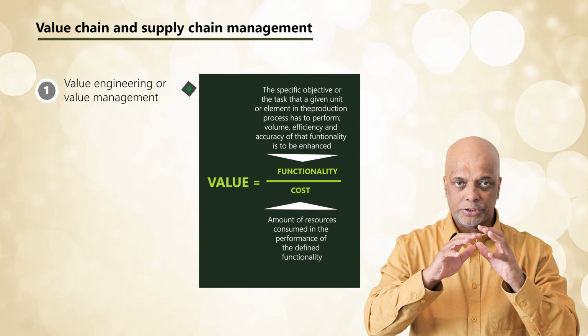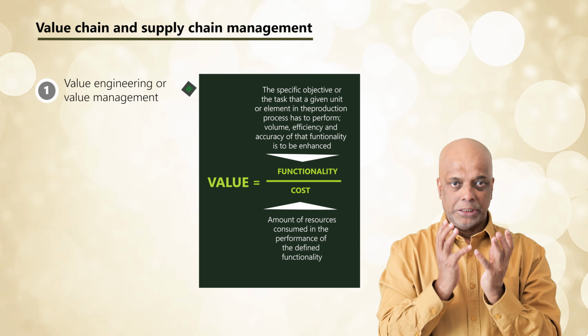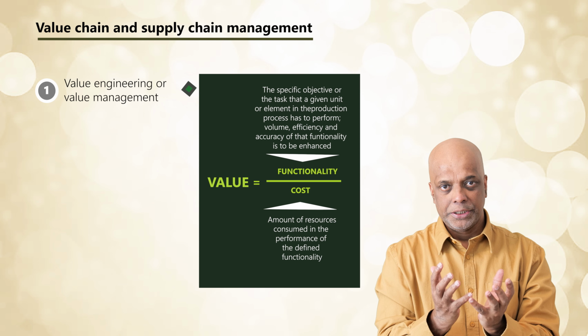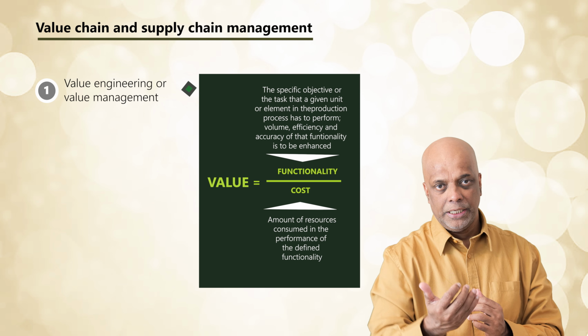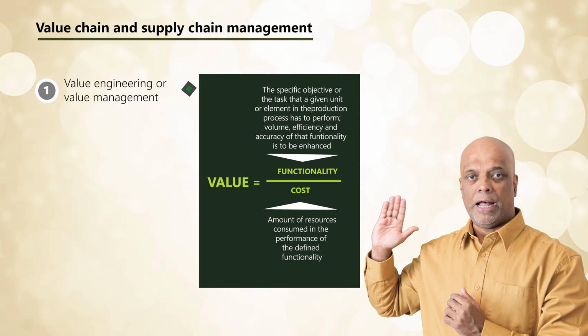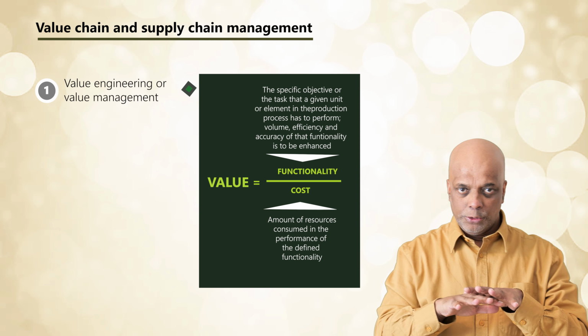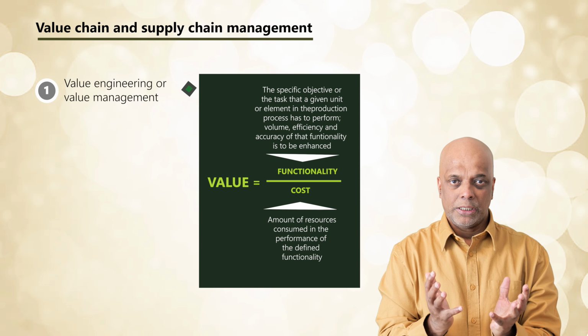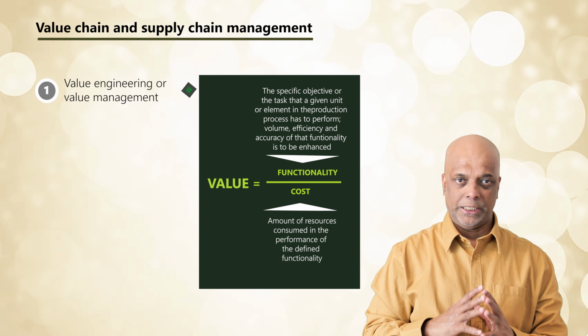So in that way, you try to re-engineer, manage this functionality with lower consumption of resources. That's what we call value engineering. So value chain management involves what we call value engineering.